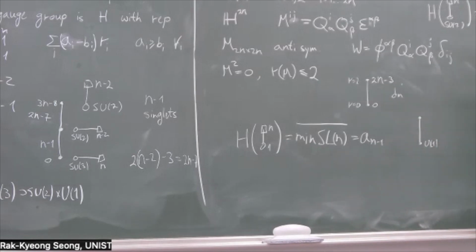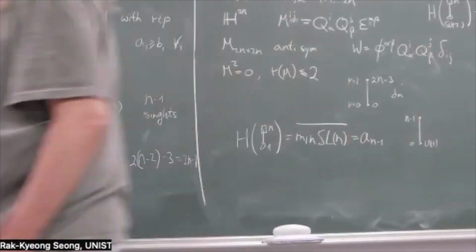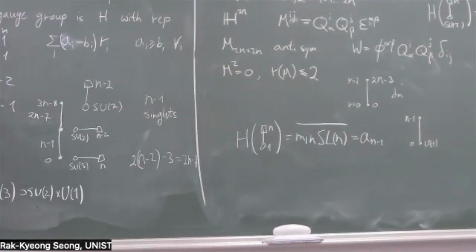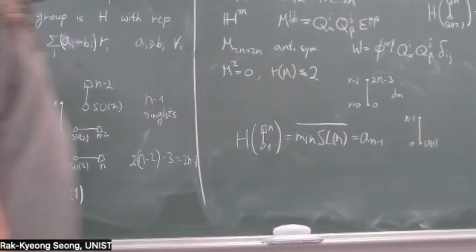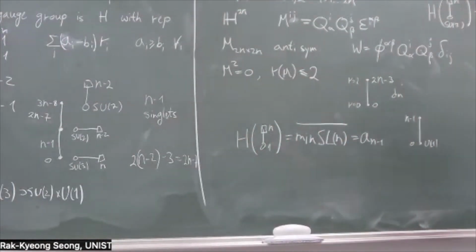At any other point, U1 is Higgsed, and it has dimension n minus 1, because I have n hypers, and one hyper combines with a vector to form a massive multiplet. So this slice is A_(n-1). So there are 2 types of slices, the minimal D and minimal A.